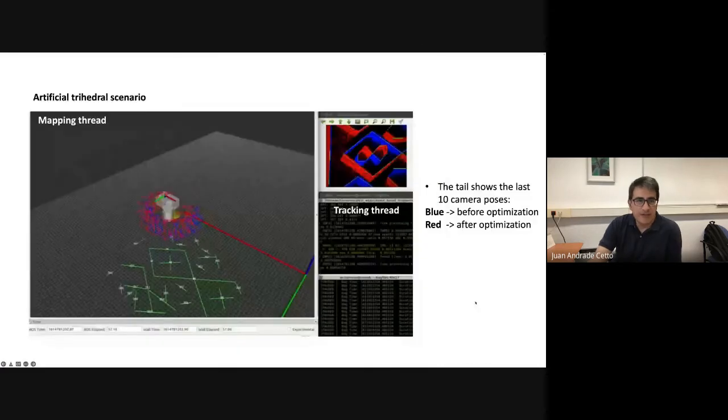Okay, after that, let me see. Well, this was another previous result of the tracking. So after that part of the SLAM, what I will talk about now are two other problems.